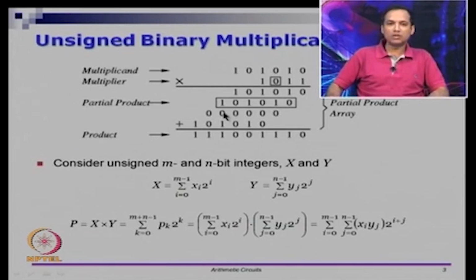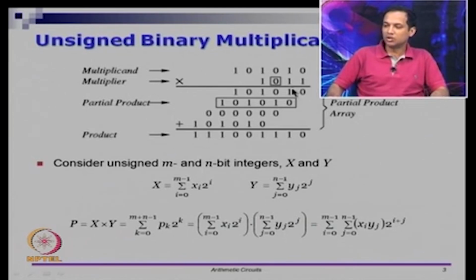The third one you shift by another position, the fourth one by another position, and so on. These individual rows are called partial products, and this whole thing is called a partial product array.